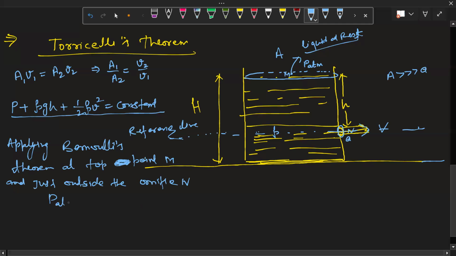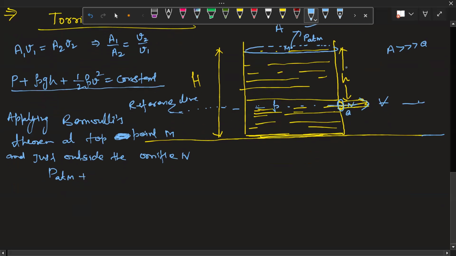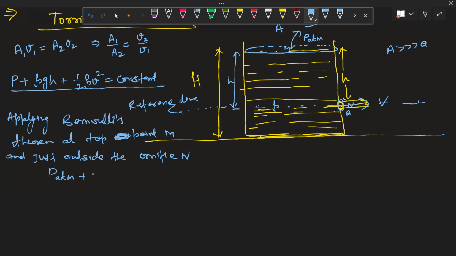P atmospheric plus the potential energy, the height above the reference line, and that is h. So rho g h, there is no speed there, so kinetic energy is zero because the particles are at rest at the top. Just outside, this is also atmosphere only.